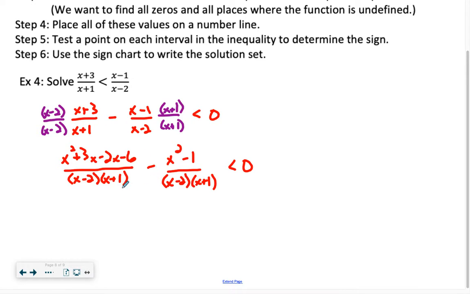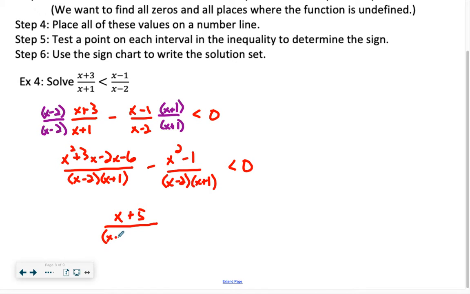Now I can combine like terms in the numerator. So I've got x squared minus x squared. Those will cancel. Then my x's, I just have 3x minus 2x, so that would just be x. And then negative 6 minus negative 1, so that would be negative 6 plus 1. That would be plus 5. So my numerator ends up just being x plus 5.